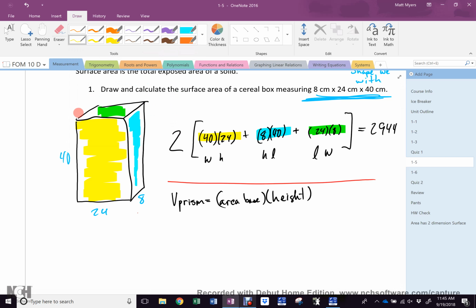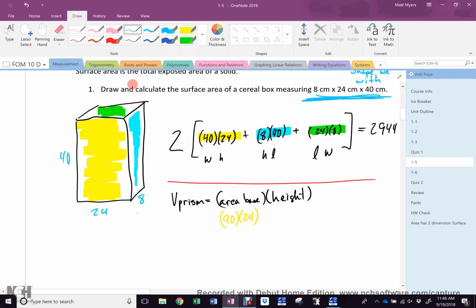Then you can apply it across all the possibilities. If you choose this yellow one as the base, what is the area of that yellow rectangle right now? Don't give me the area. Tell me what you would do to find it. 40 times 24, correct? Excellent. What if you used the blue?